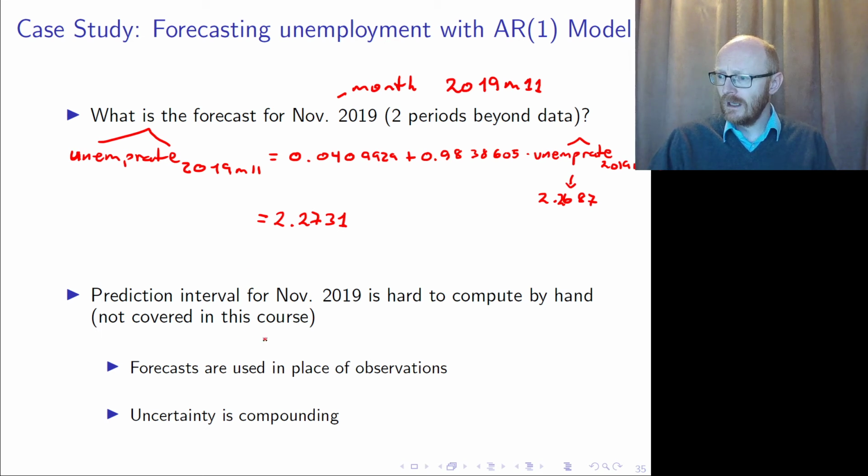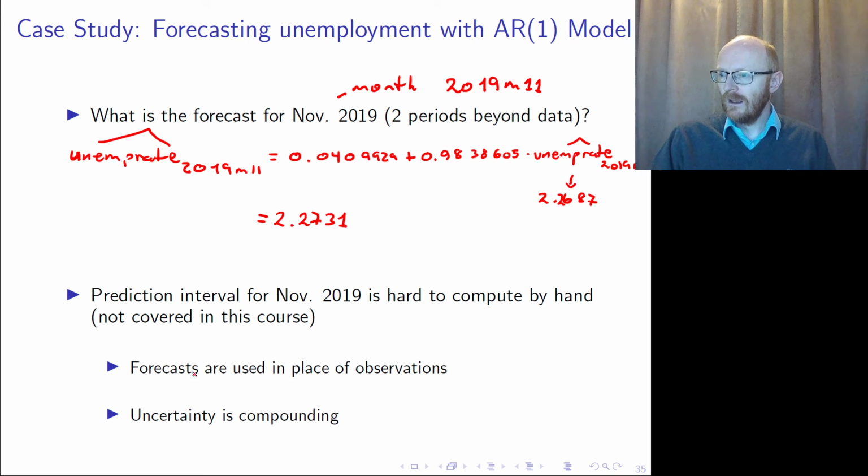But when we use a forecast as a dependent variable, then we introduce extra uncertainty into the model, because what we base our November forecast on is the forecast itself with its uncertainty. It's not a true value, not an observed value.